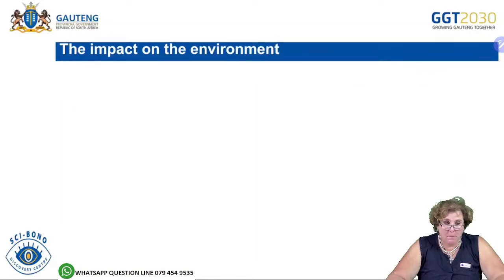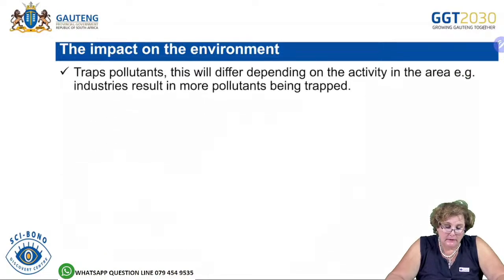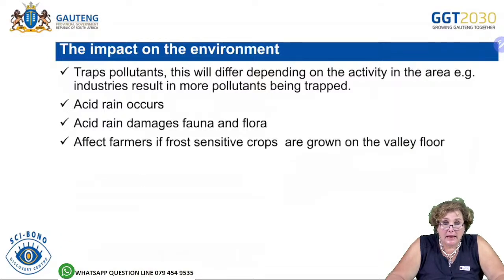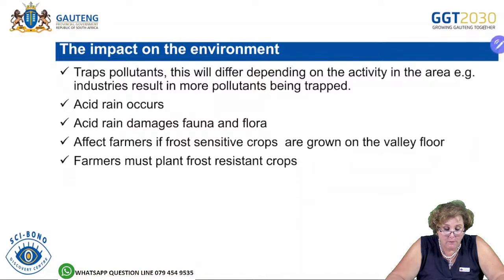What is the impact on the environment? It traps pollutants. This will differ depending on the activity in the area. For example, industries will result in more pollutants being trapped. We can have acid rain, and this acid rain can damage fauna and flora. It affects the farmers if frost-sensitive crops are grown on the valley floor.